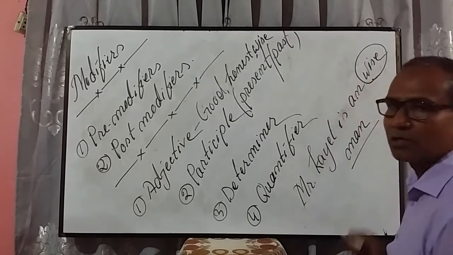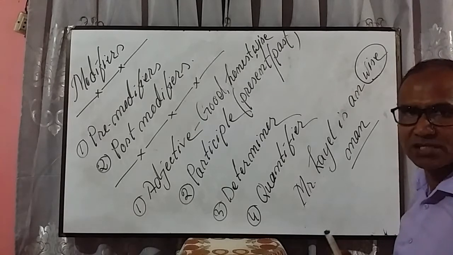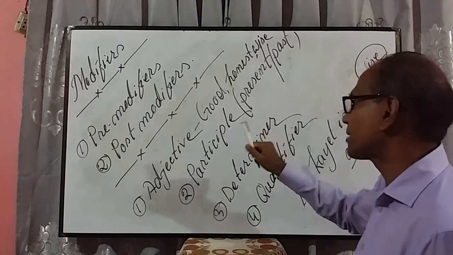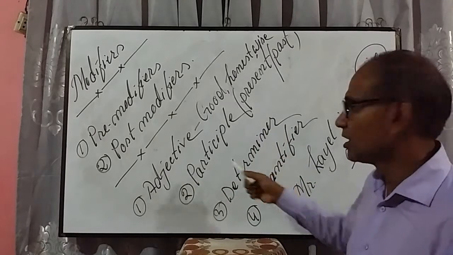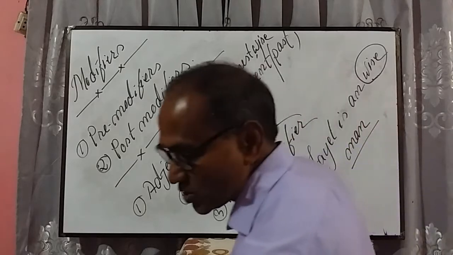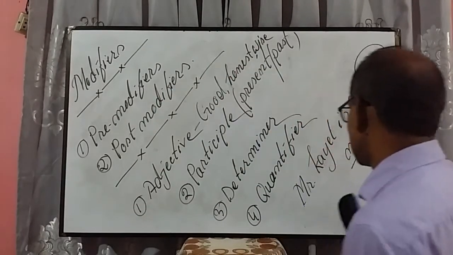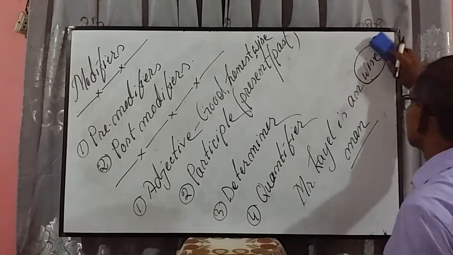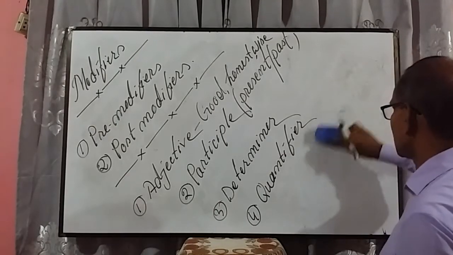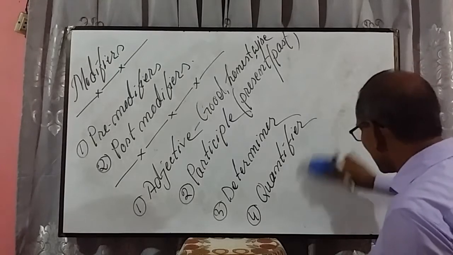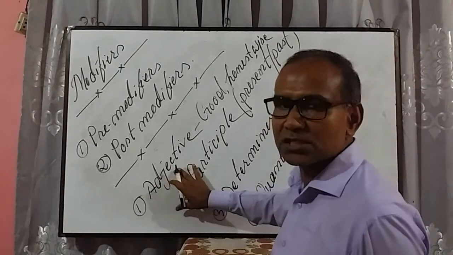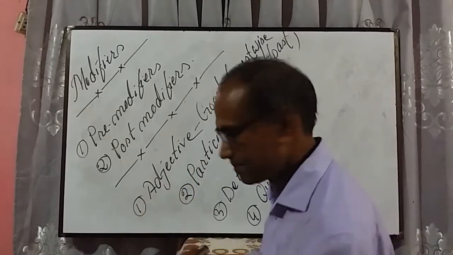That's why it is called a pre-modifier. Right? Today I am going to discuss only the pre-modifier. I am not going to discuss post-modifiers using adjectives or anything else. Okay? I'll discuss that in my next class. So pure adjectives, the adjectives which we randomly use in our language, can be used as pre-modifiers. Done.